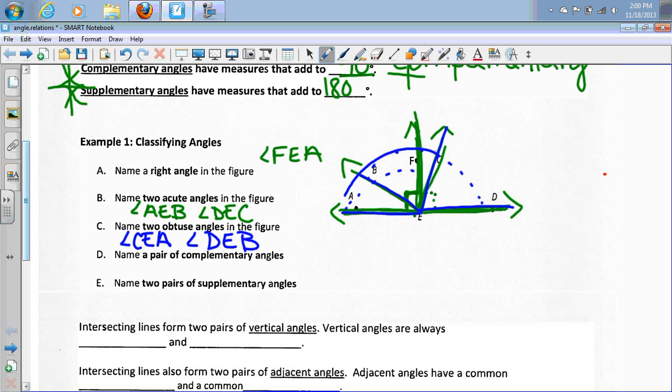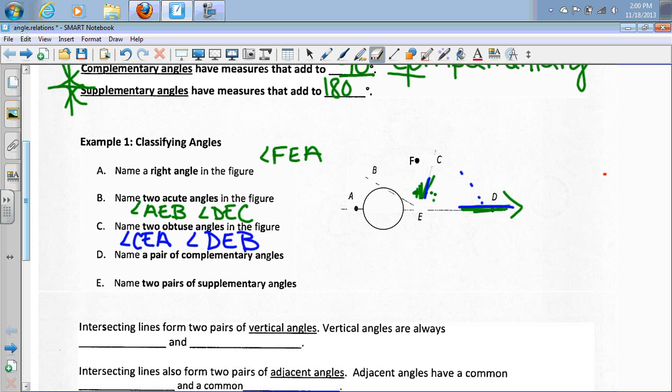A pair of complementary angles. Just going to clear this because we've been drawing a lot here. Something again like that. Complementary. We know that complementary angles form a 90-degree sum.